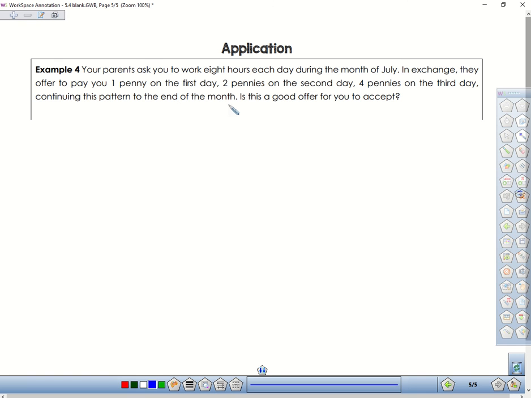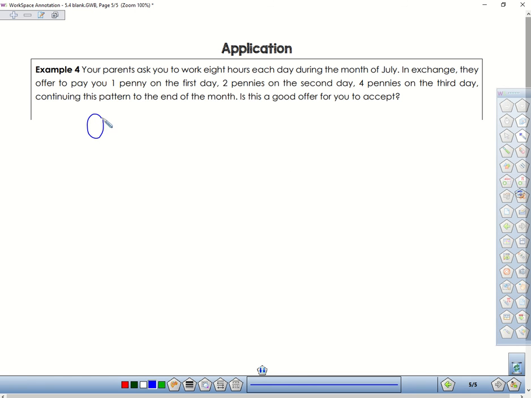They're going to continue in this pattern until the end of the month. Is this a good offer, and would you accept it? What do you guys think? Who thinks it's not a good offer? Would you accept working for a penny, then 2 pennies, and then 4 pennies? Are you sure? Okay, let's see what it comes out to be.